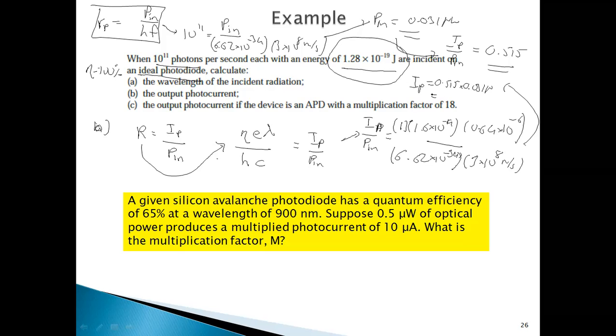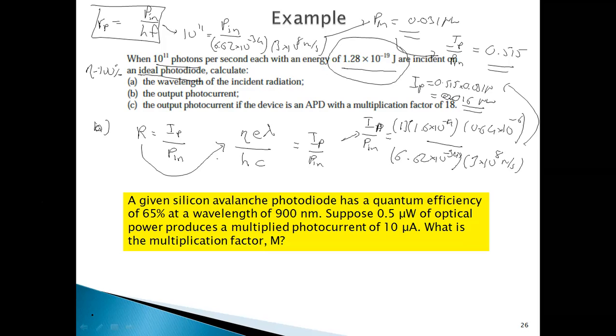So the value for the photocurrent output will be 0.016 microwatt. That should be the output photocurrent produced by this photodiode. So we have answered question B already.